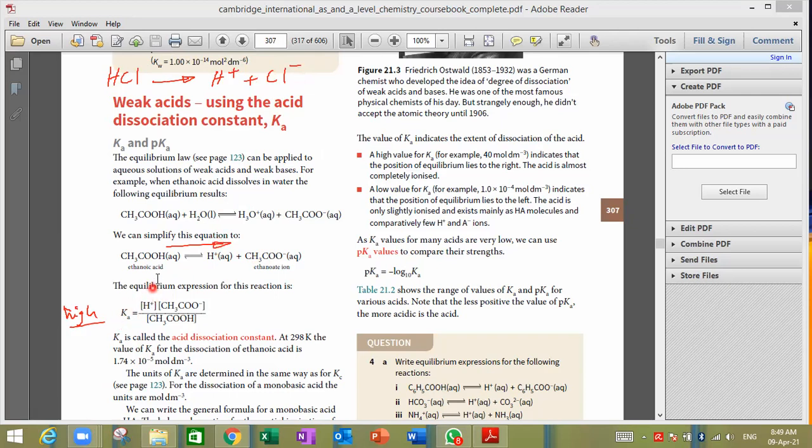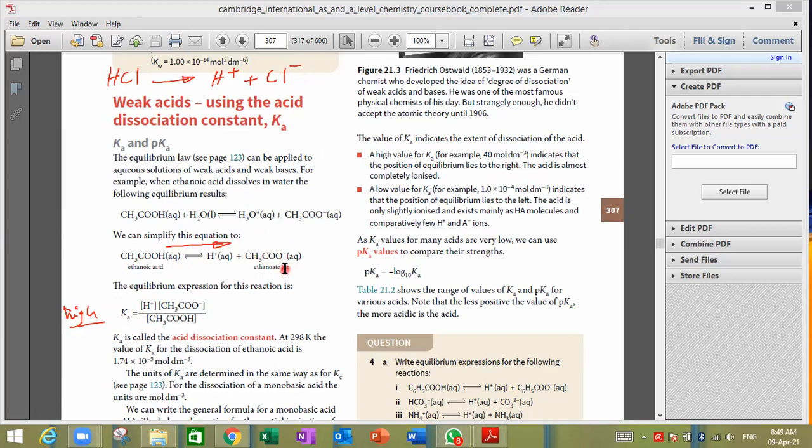So the acid ionizes more and more into the hydrogen ions and the other negative ion.